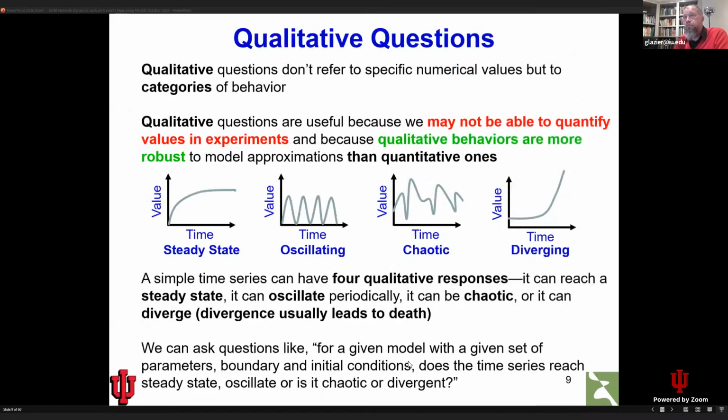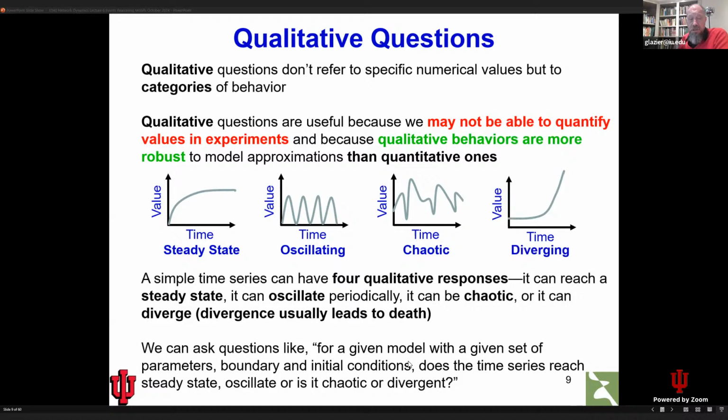So the first thing we can ask are purely qualitative questions. And we can often get meaningful qualitative information from a time series, even if we can't calibrate the time series.